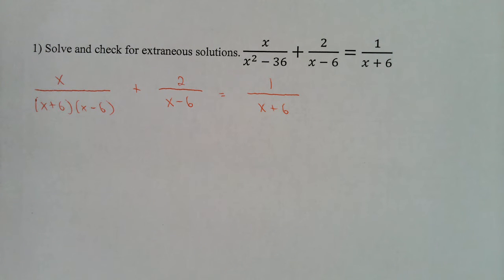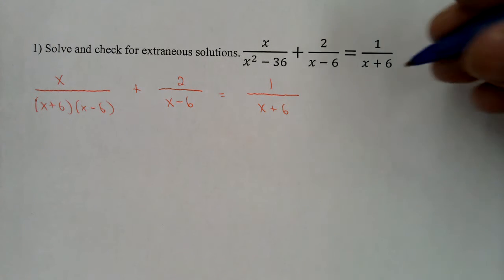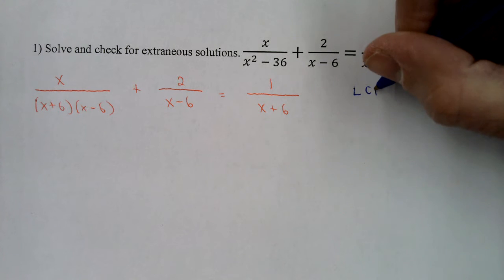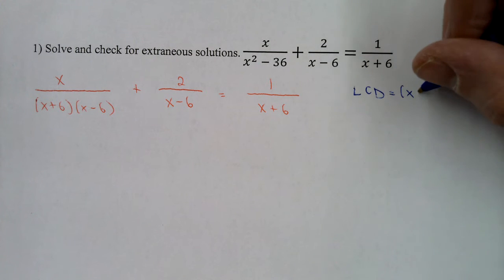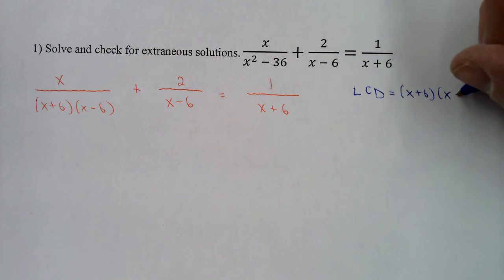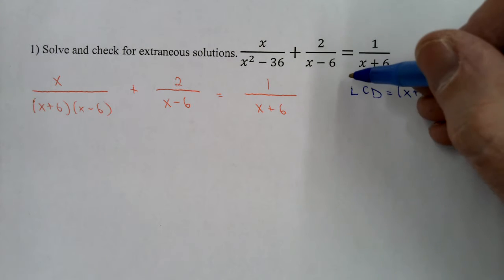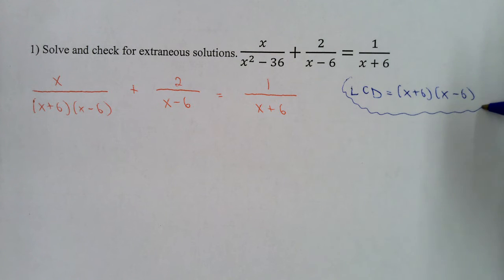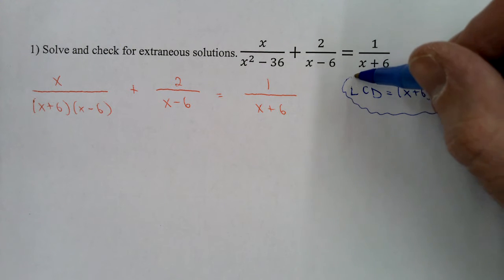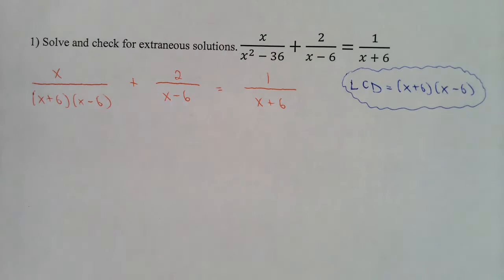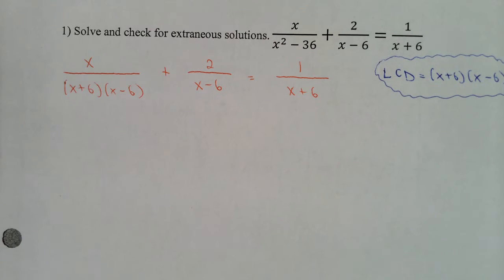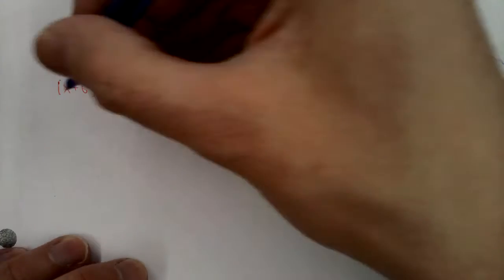Now what I'm going to do is find the least common multiple of the denominators, and I'm going to multiply every term by that. Okay, so the LCD is going to be x plus 6 times x minus 6. So what I do, and I'll do this in blue, is I'll multiply each term by the LCD.